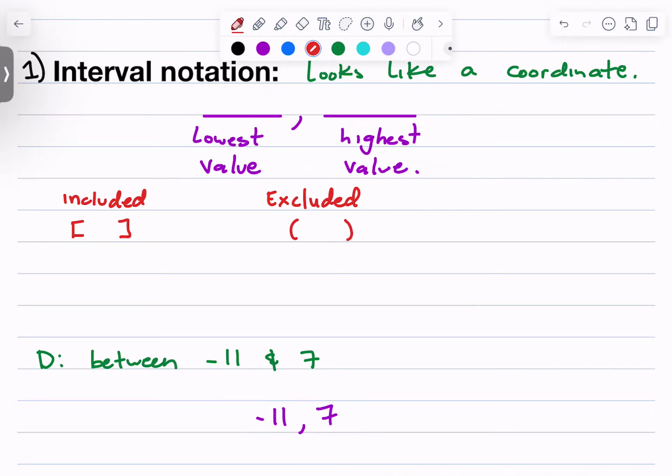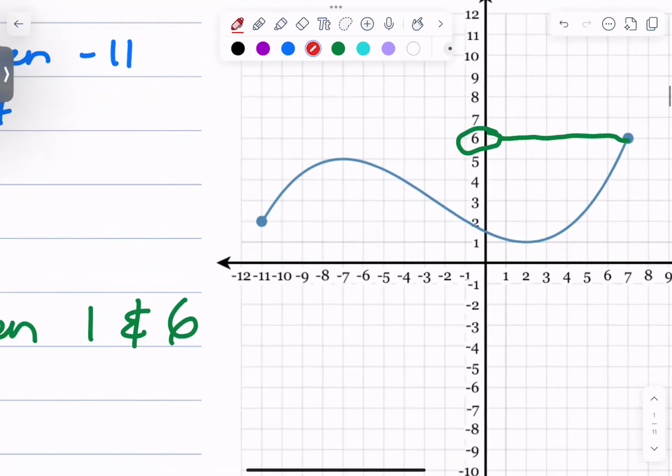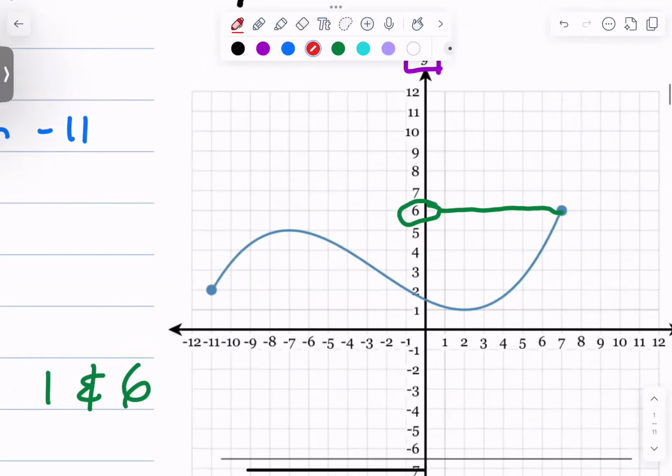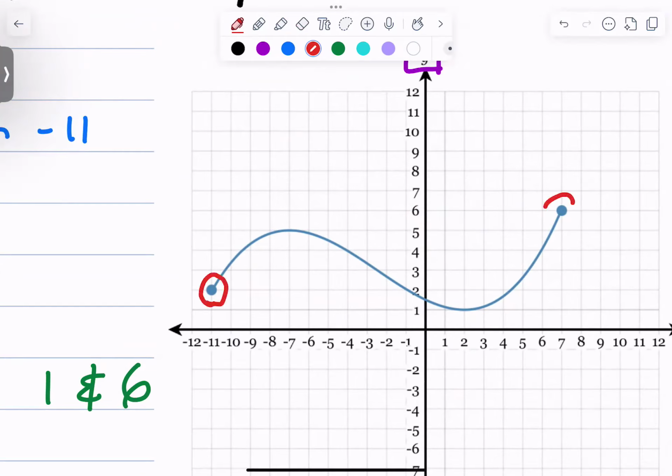So looking at my domain, going back up to my graph, looking at my domain, okay? Here at negative 11, I have that, and here at 7, I have that. So is it included or is it excluded? Those values at negative 11 and 7. Included, right? Negative 11 is a part of my domain, correct?